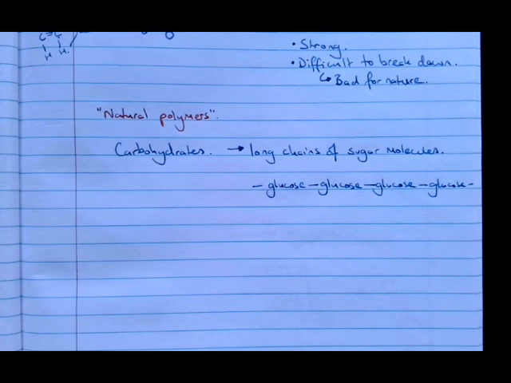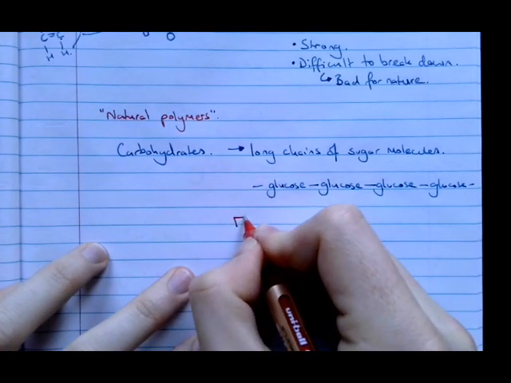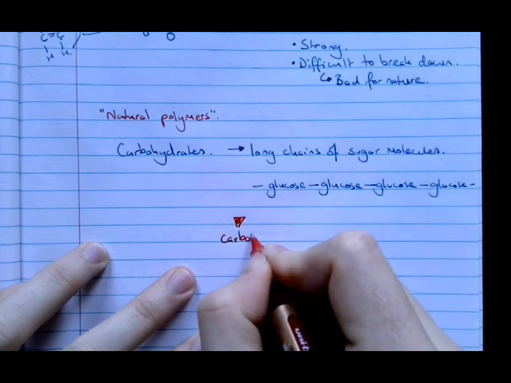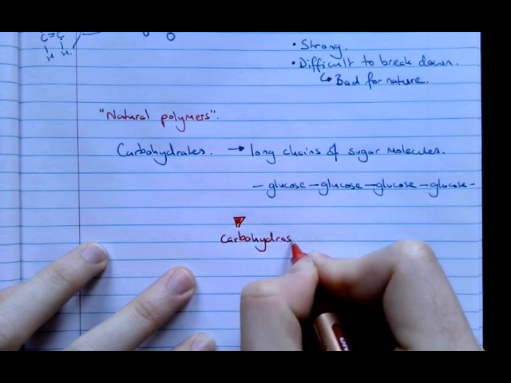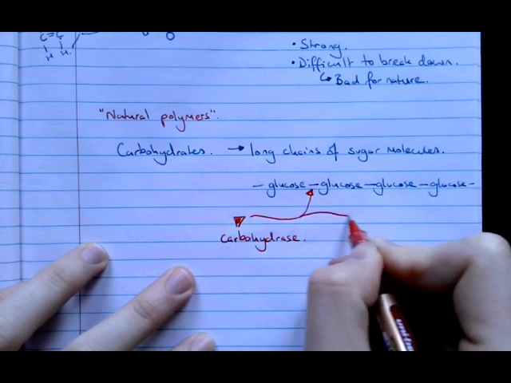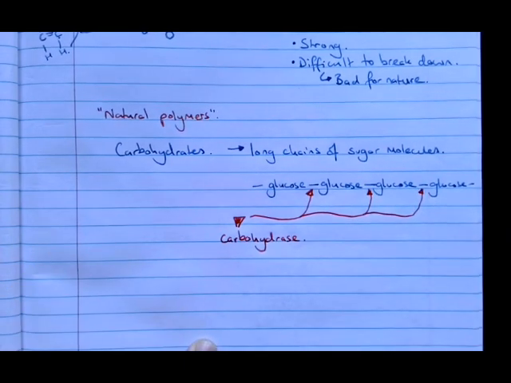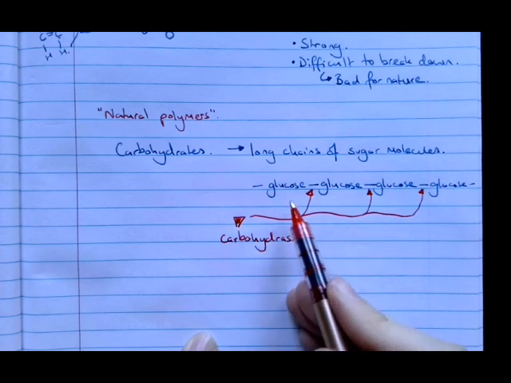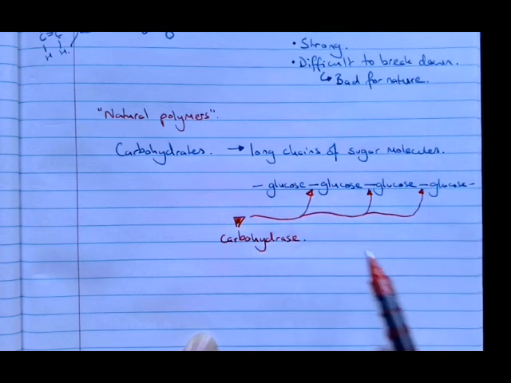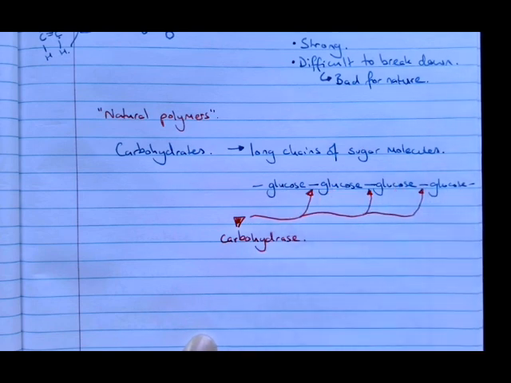And then you'll remember that the enzyme can come in and it will break all of these links between the glucose molecules, and then the glucose molecules can then go on to be used in respiration. So a carbohydrate is a polymer of lots of glucose molecules.